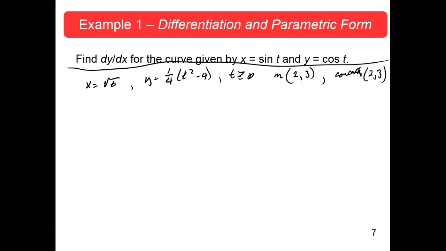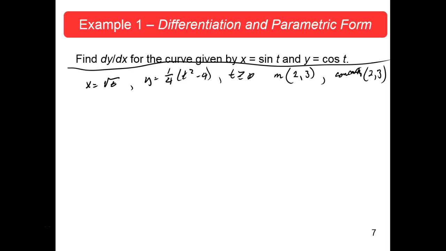Okay. Now, before we go any further, I want to make sure this makes sense. What I mean by that is that when x is equal to 2, y had better be 3. Because otherwise this doesn't make any sense at all. Well, for x to be 2, what would t have to be? 4, okay?